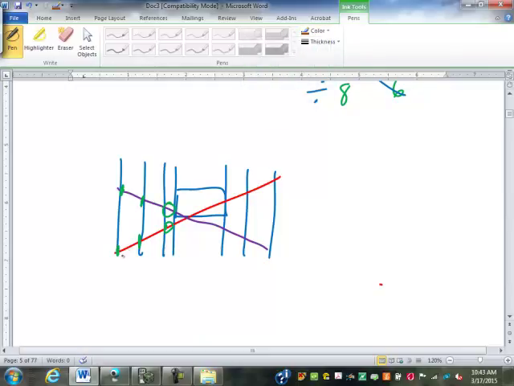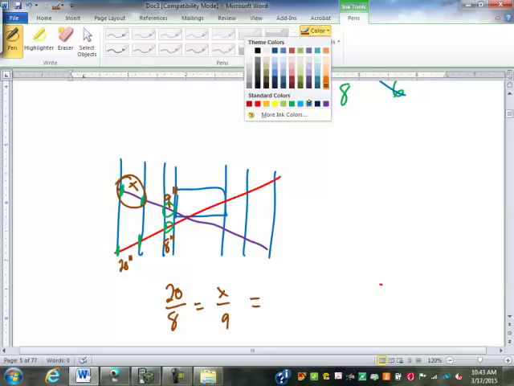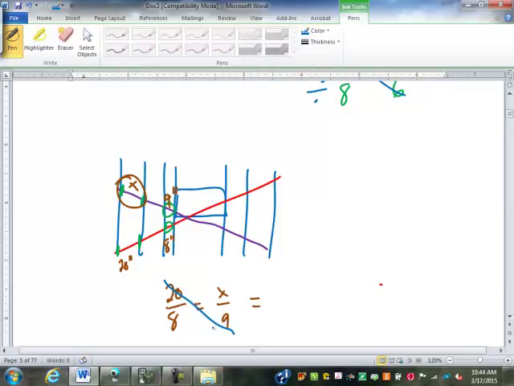Let's say I know that this here is 20 inches, and this over here is only 8 inches. Let's say I happen to know that this one up here is 9 inches, and I want to know this distance. Well, 20 compares to 8 the same way that x compares to 9. If I cross multiply and divide, 20 times 9 is 180. Divided by 8 is 22.5.